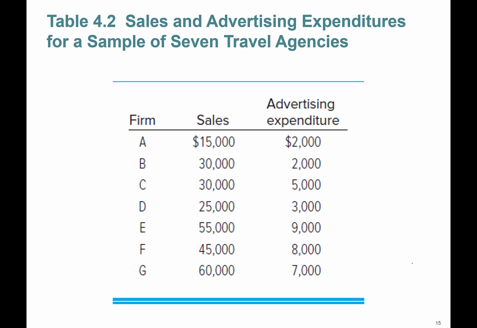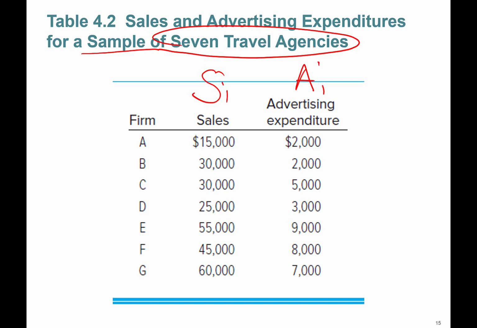For instance, let's take a look at this data set. This is the sales and advertising expenditures of a sample of 7 travel agencies. Travel agency A spent $2,000 and the sales ended up being $15,000, so on and so forth. And we have this travel agency, for instance G, that spent $7,000.